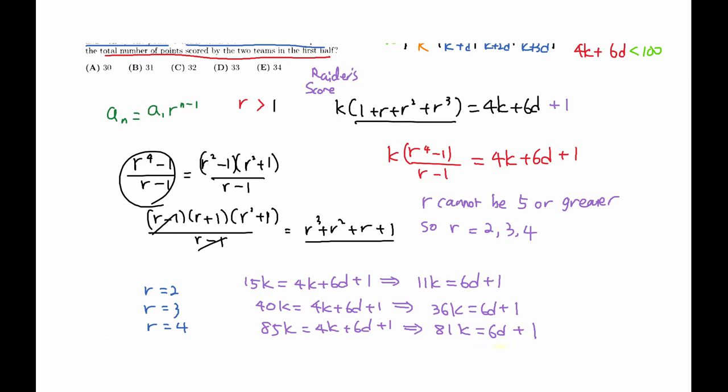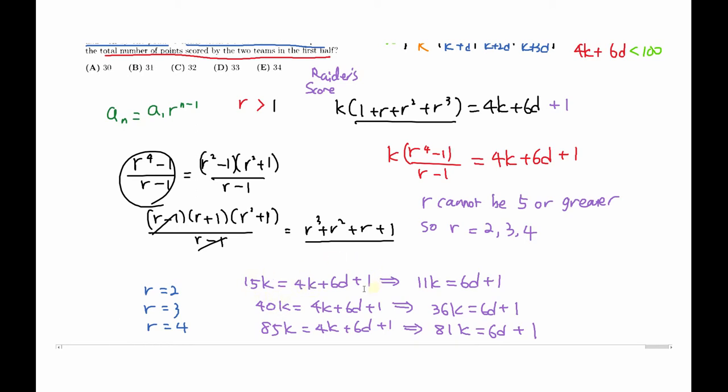Now you have to ask yourself, when r equals 2, we get 11k. The reason why I also wrote this is it shows the Raiders' points.